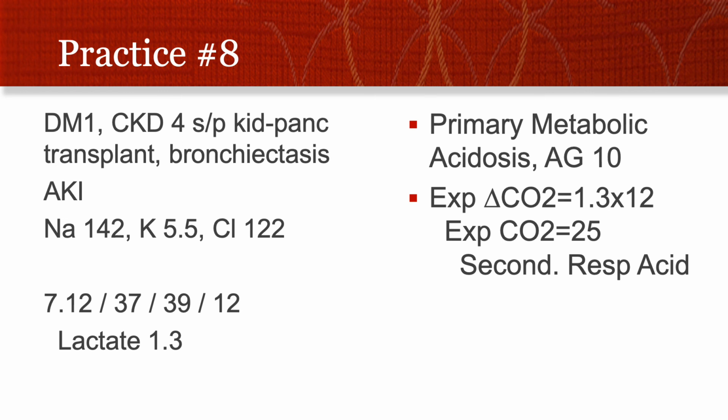And our compensation ratio is as follows. Our expected change in CO2 equals 1.3 times the change in bicarb, which here is 12. So our expected CO2 after that math is done is 25. The actual is 37. So in this case, we have a secondary respiratory acidosis.